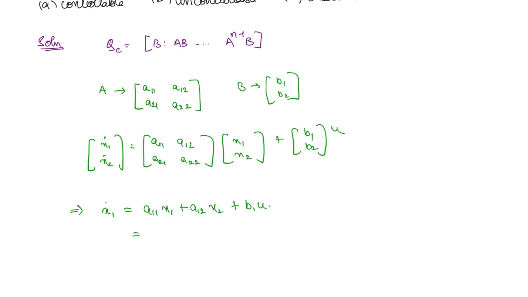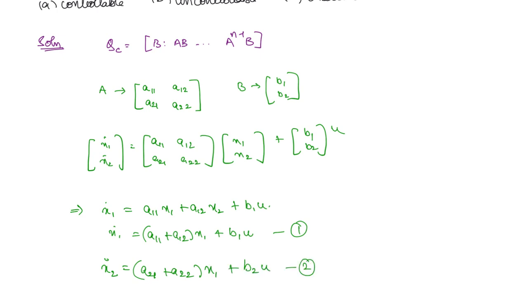If x1 is equal to x2, you get (A11 plus A12) x1 plus B1 u. This is the first equation. Similarly, x2 dot is (A21 plus A22) x1 plus B2 u. This is the second equation.